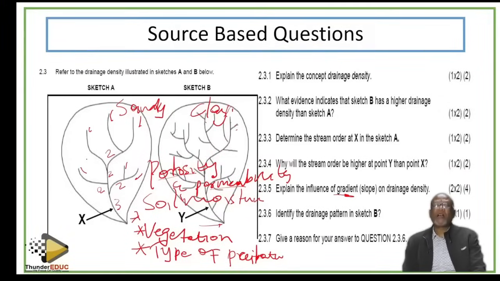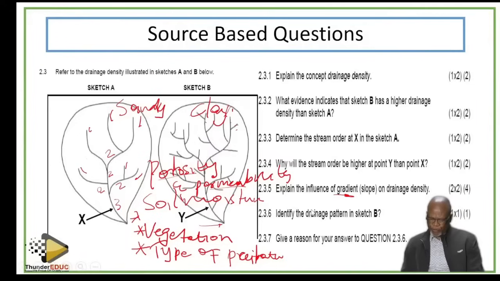That is why we have more runoff. How do you tell there's more runoff? Because the density is high. How do you tell this area is highly permeable? Because there is more water infiltrating and less water flowing.